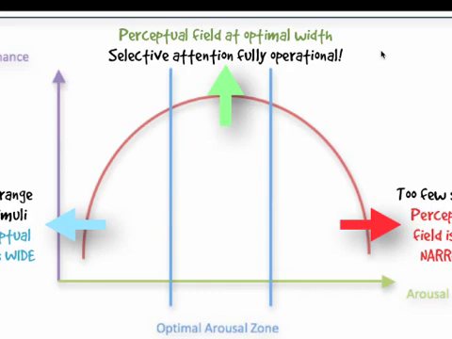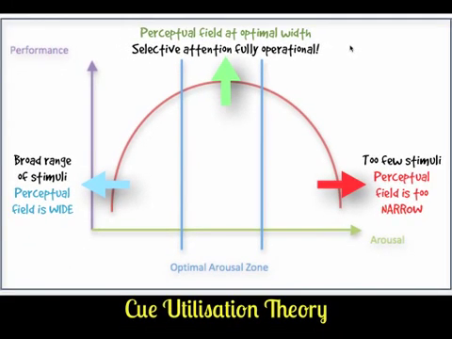I've removed the idea of the crowd, I've partially removed the idea of the referee unless he blows against me, and I've also partially removed some of the other opponents. So I'm just focusing on the three things that I want to do in that peak or optimal arousal zone, and therefore my perceptual field is at optimal width and my performance will improve.